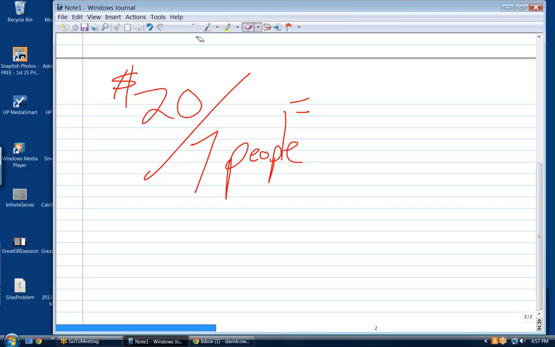If you went out to a meal and you had 7 people and they all decided they were going to pay equally, and the bill came to $20 for the 7 people, how much is it per person?